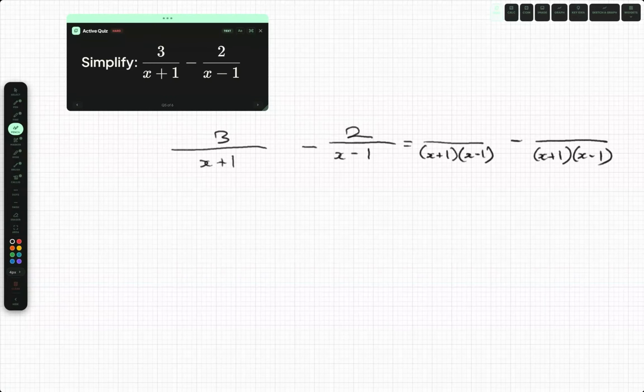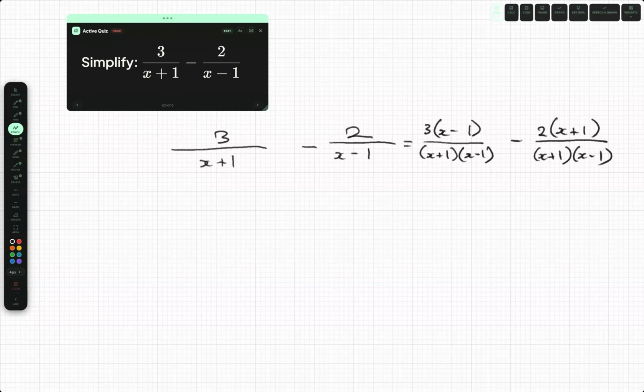So, because I've multiplied our first one by x minus 1, do the same to the top. So 3 times x minus 1. And because I've multiplied our second fraction's denominator by x plus 1, do that to the numerator and do x plus 1.